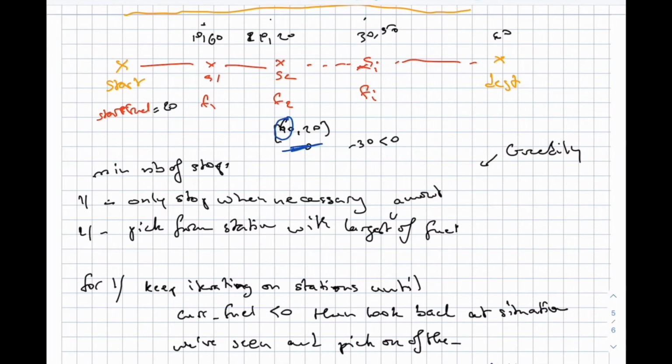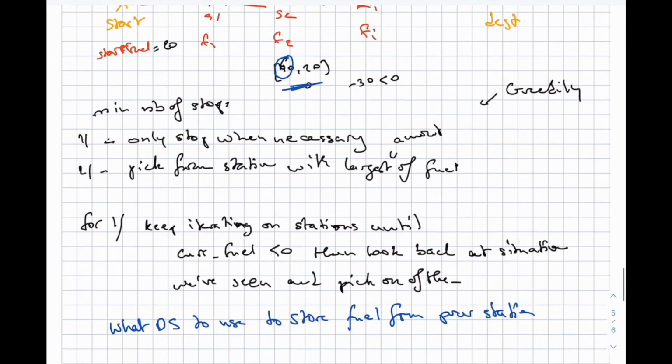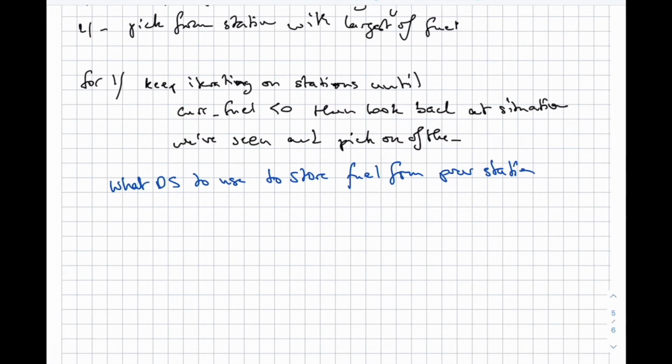We want a way to pick the largest element easily, and that's a priority queue. So we can just use a heap or a priority queue to store fuel for previous stations.